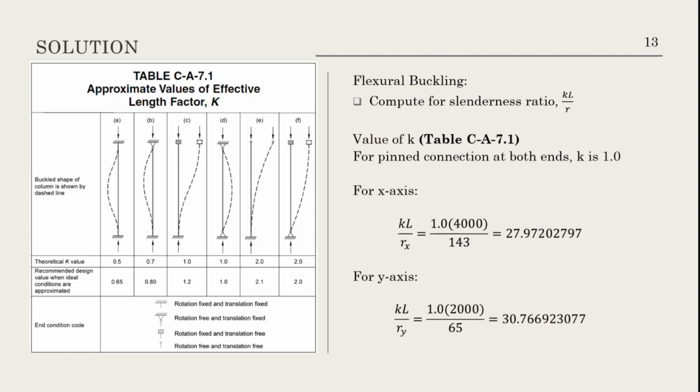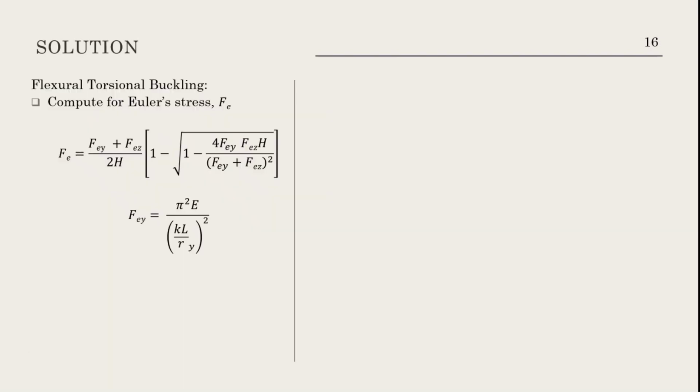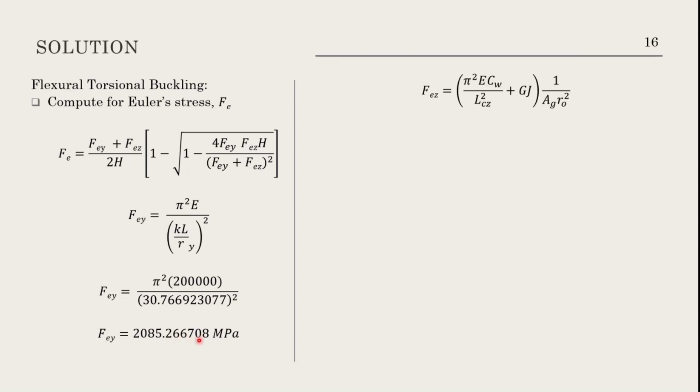So we will just use that. So that is pi squared times 200,000, and then this is the computed slenderness ratio with respect to y-axis. So therefore, the resulting value of Fey is 2085.266.